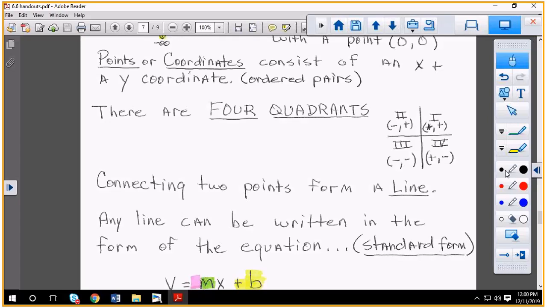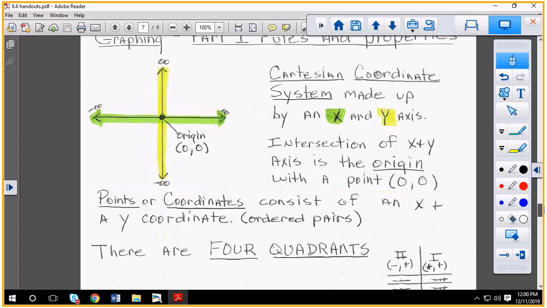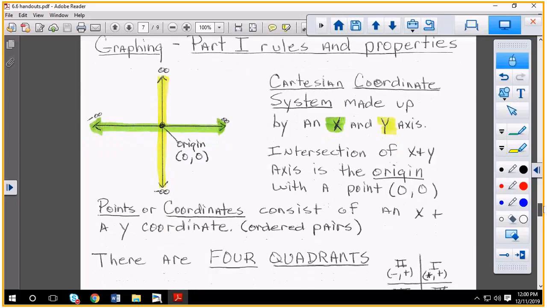Now, whenever you see a coordinate, the coordinate will be in x, y form.